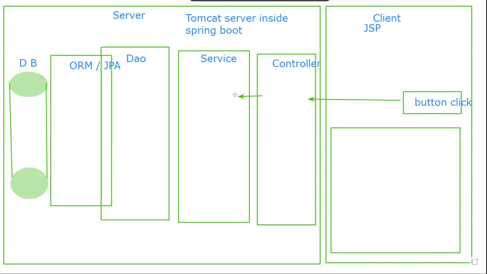The controller passes on to the service. Service passes on to the DAO. In the DAO, we use ORM to query. We don't hit the database directly. And ORM is going to give the result back to DAO. DAO is going to send back to service, service to controller, and controller is going to show back the result in the grid.